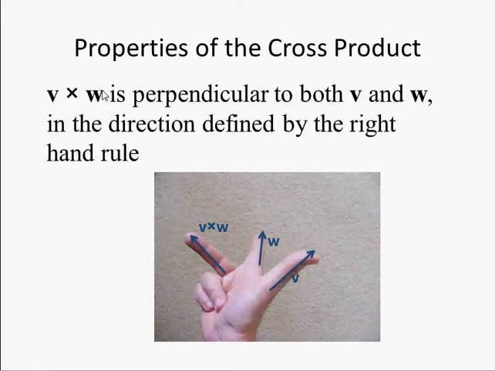The second vector, the vector on the right-hand side, W, is your index finger, pointer finger. And then your middle finger is 90 degrees to both of them. That shows you which direction it's going in. You can look up some other ways to do the right-hand rule if you want, but that's the easiest way I find.